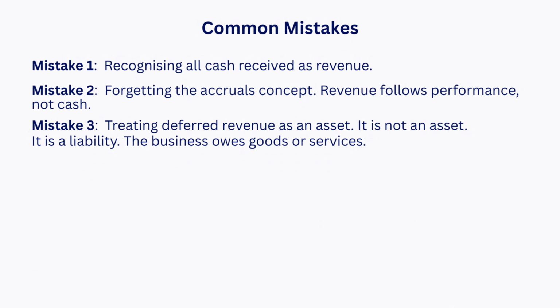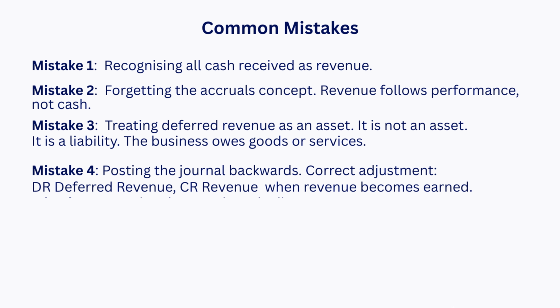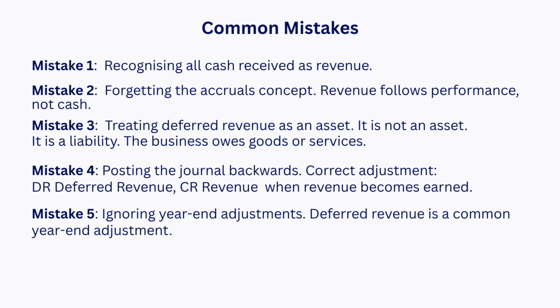It is not an asset, it is a liability. The business owes goods or services. Mistake 4, posting the journal backwards. The correct adjustment is debit deferred revenue and credit revenue when revenue becomes earned. Mistake 5, ignoring year-end adjustments. Deferred revenue is a common year-end adjustment.